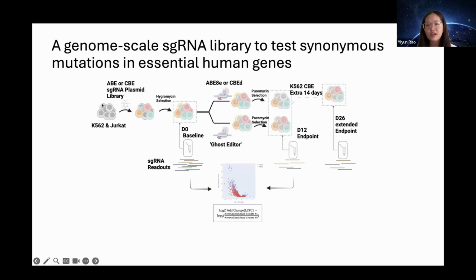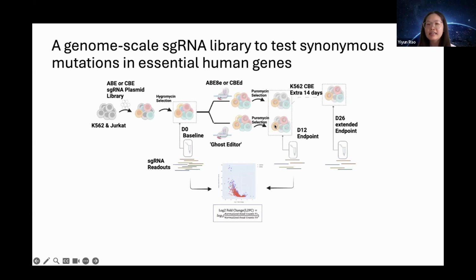And we introduce the sgRNA library into the cells, and after selection, we collect our first baseline cells at day 0, and then we introduce either the base editor or the ghost editor. And after 12 days, which also contained another round of selection for the base editor cells, we collect our first endpoint sample at day 12.